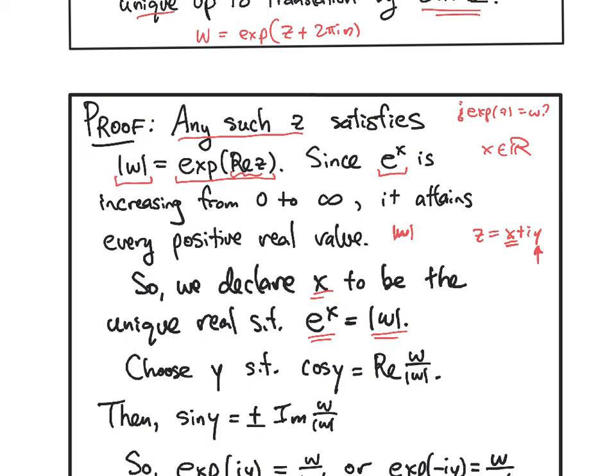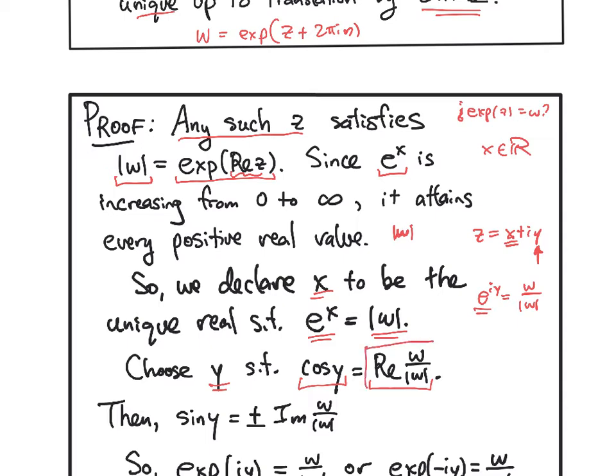The way we do that is we need to solve e to the iy equals w over the modulus of w. So we're going to choose a y so that cosine of y, again the real part of e to the iy, gives me the real part of w over the modulus of w.